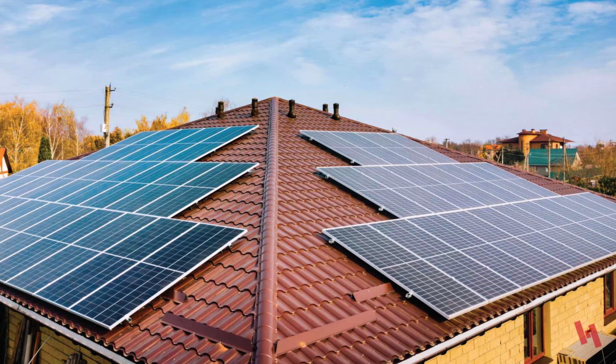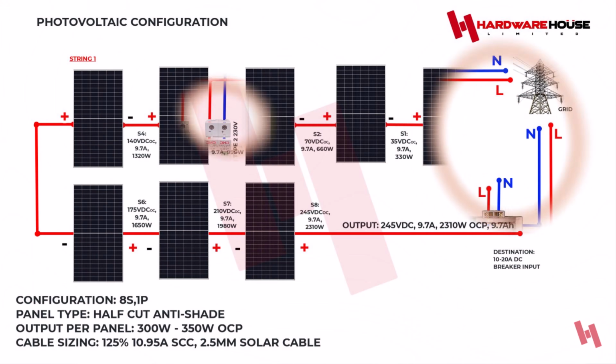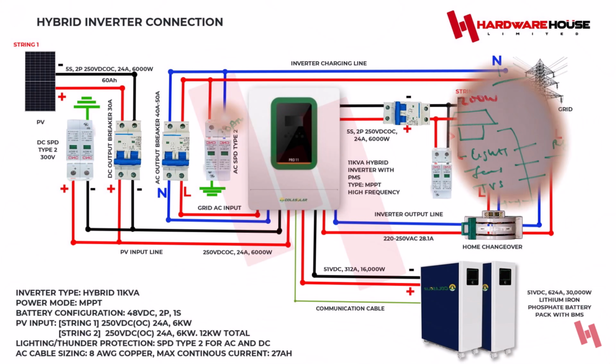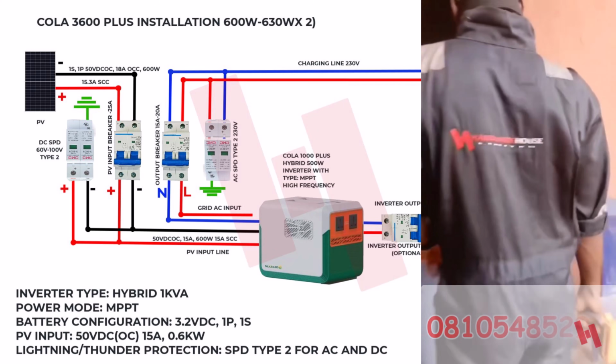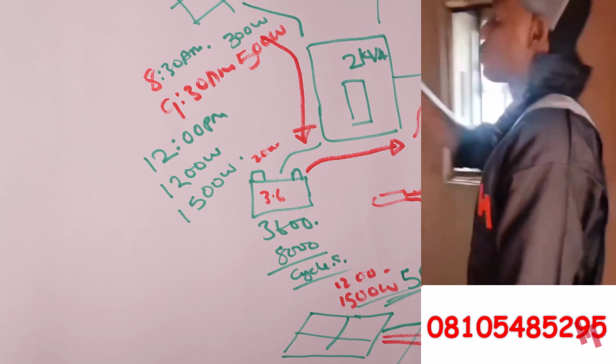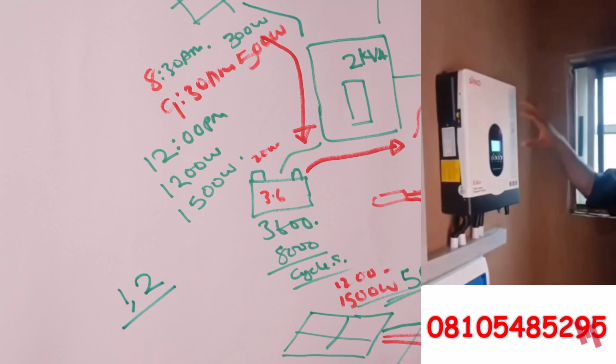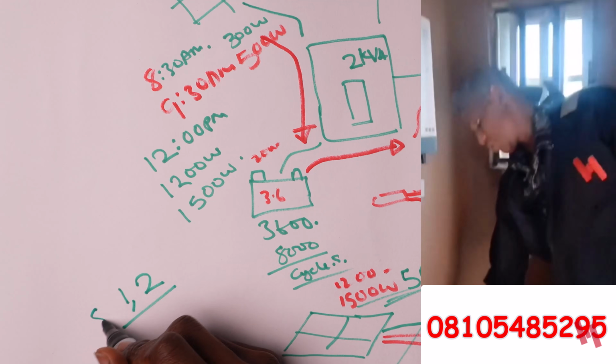So it's a 3.6 kVA battery on any of this range of inverter. If you want to set up this, it's not so expensive. You can give us a call at Hardware House. We can have this running for you. We recommend this system for 1 bedroom, for 2 bedrooms as well, and also a self-contained.